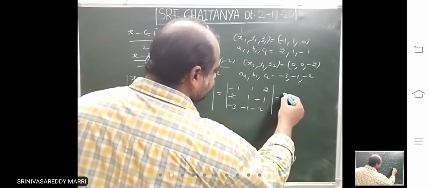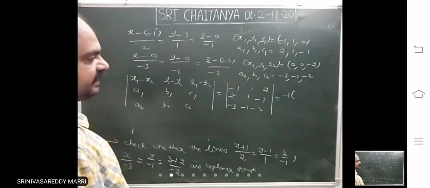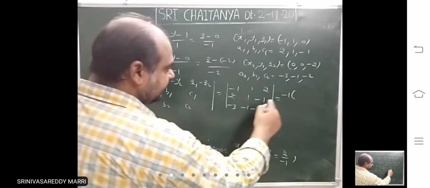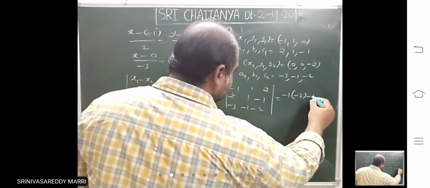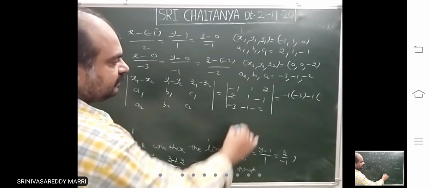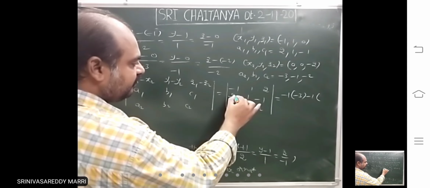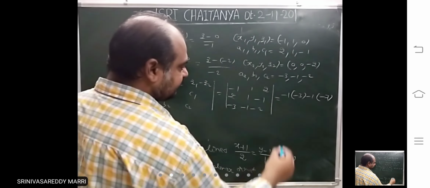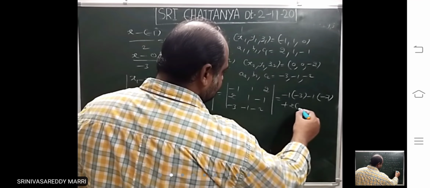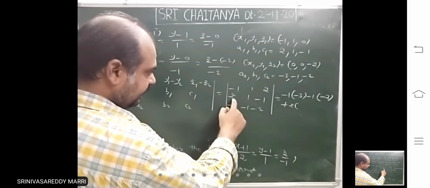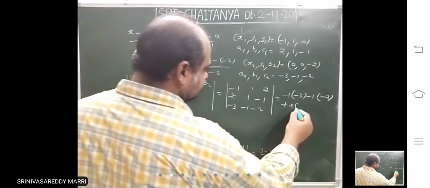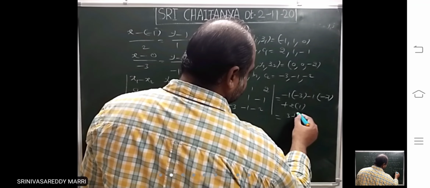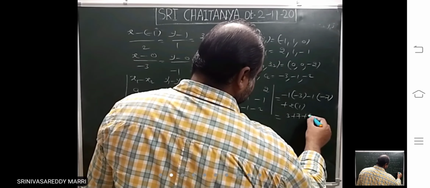Let us calculate the determinant value. Minus 1 into (minus 2 minus 1), minus 3... so minus 1 into minus 1 into minus 4, minus 3, minus 7, plus 2 into (minus 2 plus 3), 1. So therefore what you are getting? 3 plus 7 plus 2.